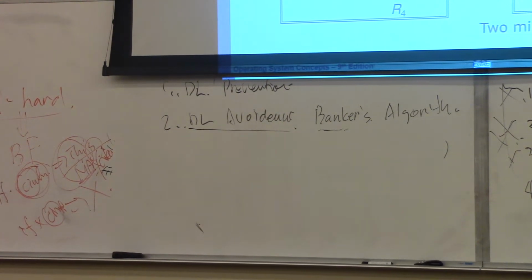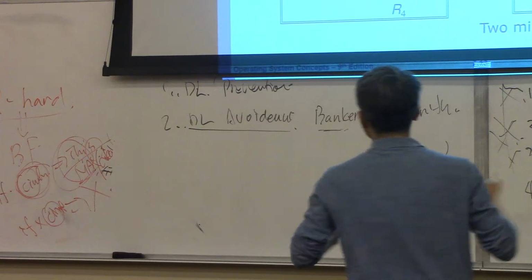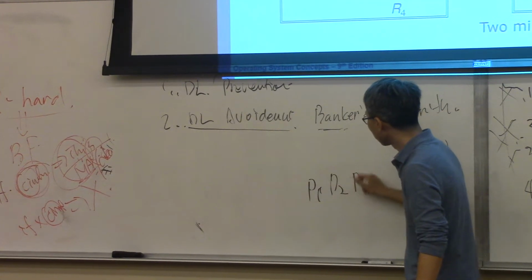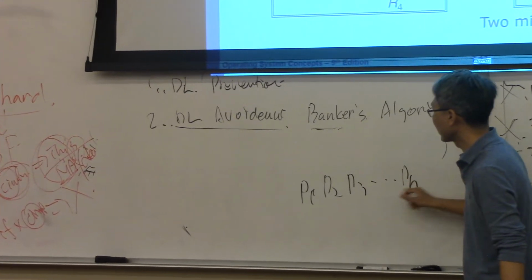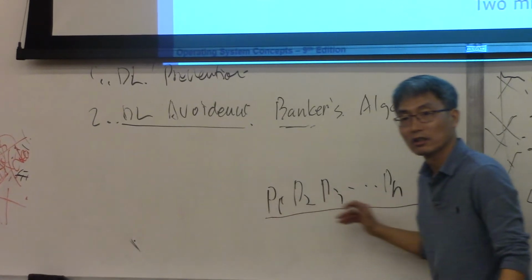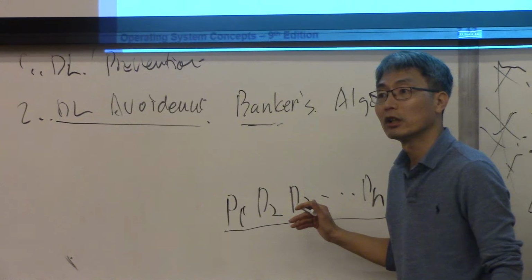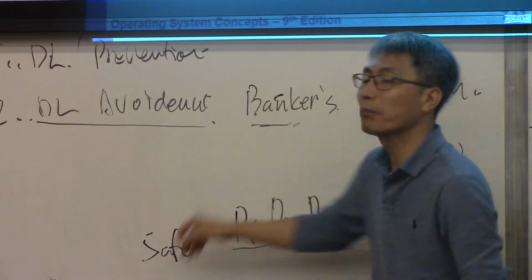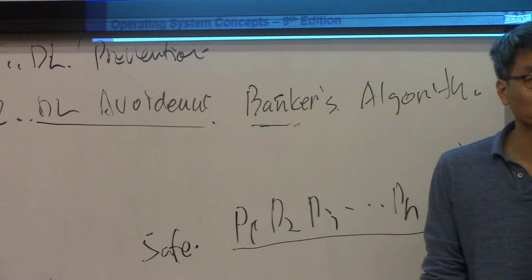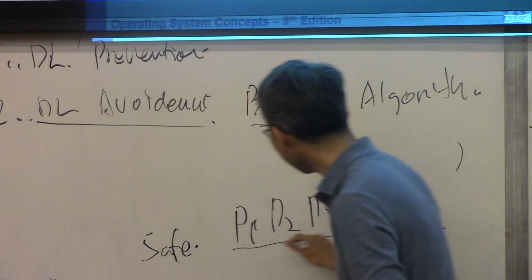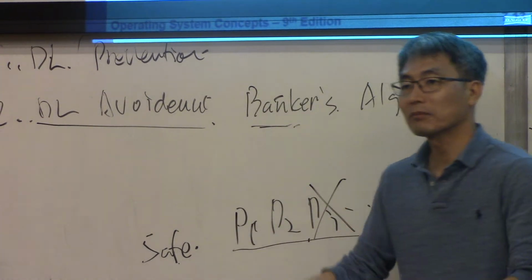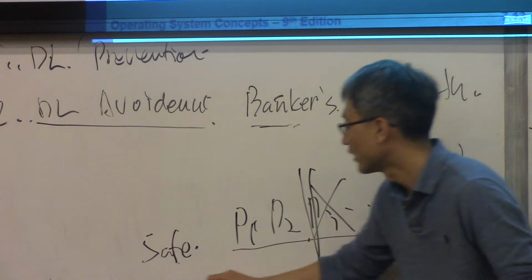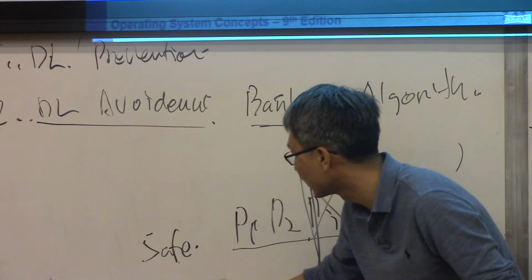That means if we can find a sequence of processes P1, P2, P3 through Pn that can be terminated eventually, this is called a safe state in the banker's algorithm. Otherwise, if we cannot find it, it can get stuck, which means it is an unsafe state.